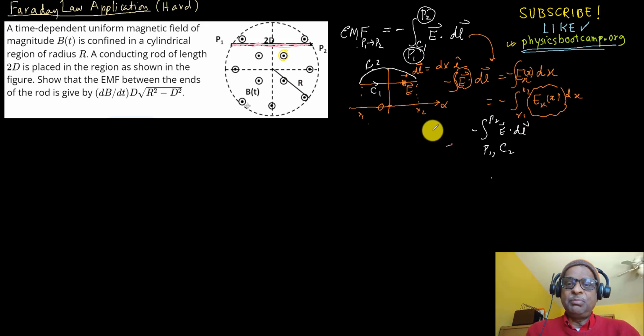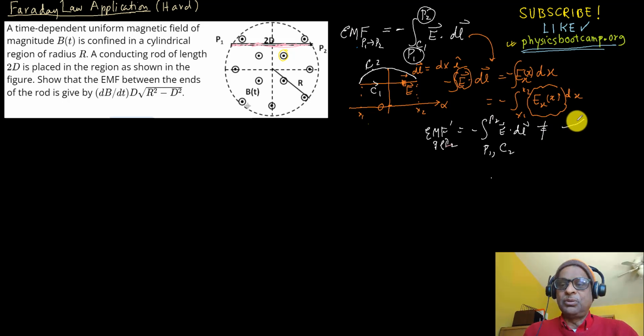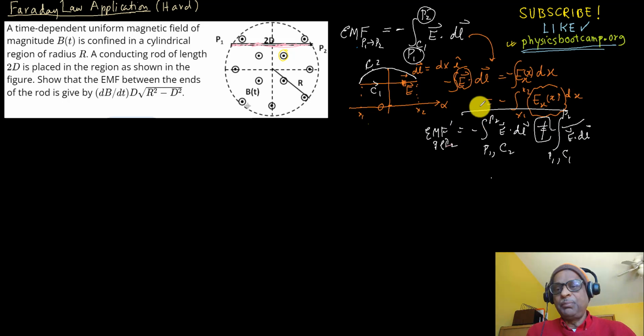So you get an EMF prime, a new EMF between P1 and P2. And then you'll find that this is not equal to what you got earlier, the integral from P1 to P2 of E dot dl along C1. Now in statics this will be equal, but in dynamics this will not be equal in general.